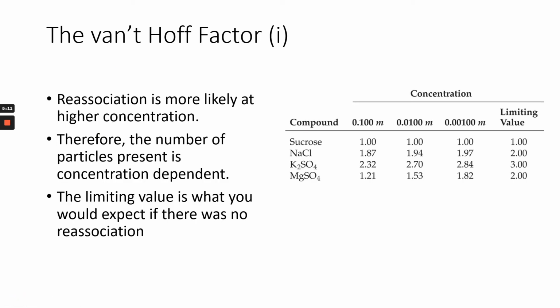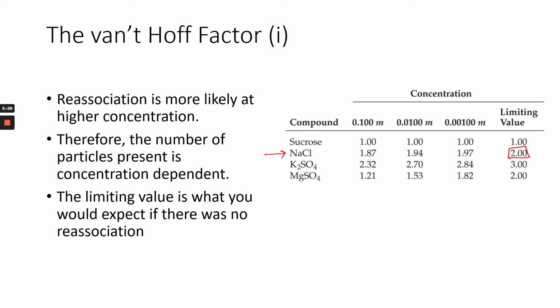Since reassociation is more likely at higher concentrations, you're going to get more deviation. Therefore, the number of particles is concentration dependent. So if you look at this example here, let's just take sodium chloride. Our ideal case is 2 when it's completely dissociating. But as you see, as the concentration increases, this number gets less and less because there's a greater chance of the sodium ion and chloride ion reassociating with each other.